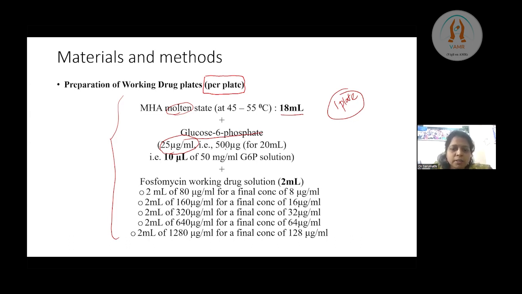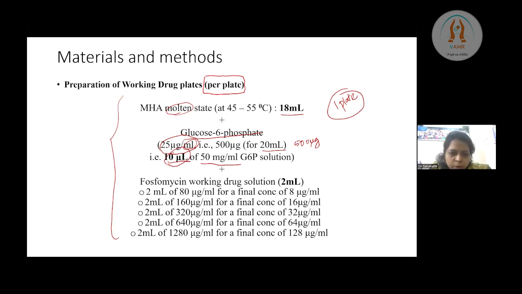If you calculate this, 500 microgram for 20 ml needs to be included in a single plate. For that, if you calculate, 10 microliter of the 50 milligram per ml stock solution is to be added in each plate.